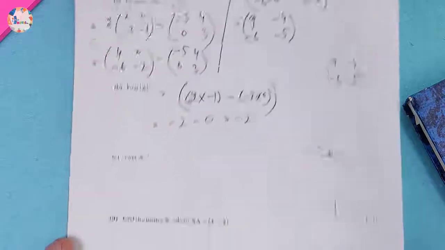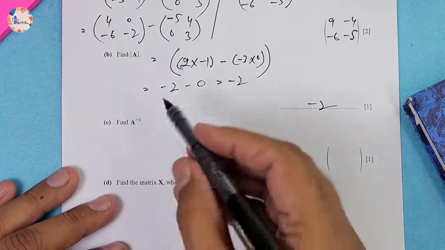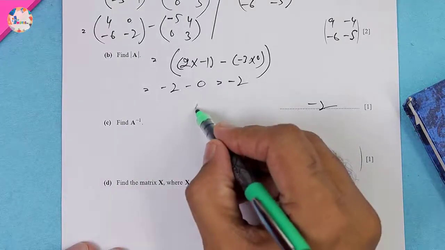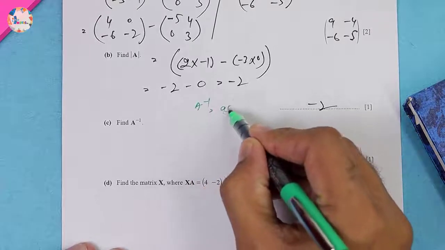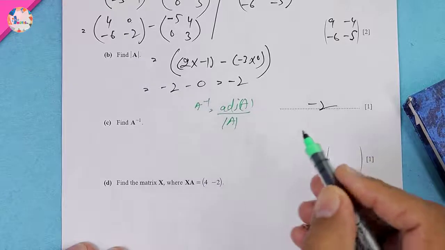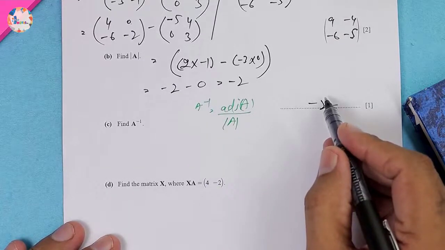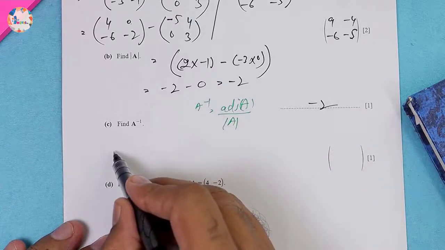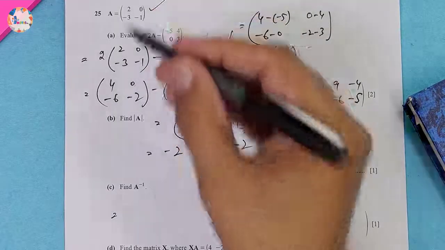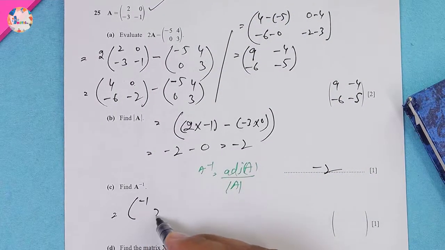Then find A inverse. A inverse will be adjoint of A over A mod. We can write the formula, so A inverse will be equal to adjoint of A over A mod. A mod we have already calculated, this one is our A mod, and we can write adjoint of A by changing the location of these two numbers, so we can write minus 1 over here and 2 over here.